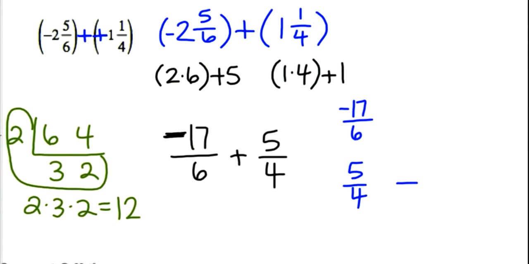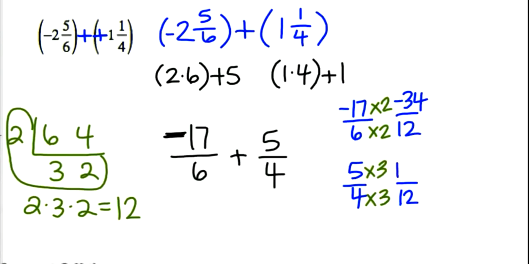My denominator has to be 12. So in my first one, I need to multiply the top and the bottom by 2 because 6 times 2 is 12. And negative 17 times 2 is going to give me a negative 34. In my bottom fraction, I'm going to multiply the numerator and the denominator by 3 because 4 times 3 gets me to 12. 5 times 3 is 15.